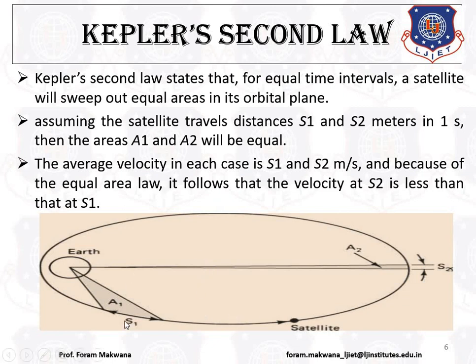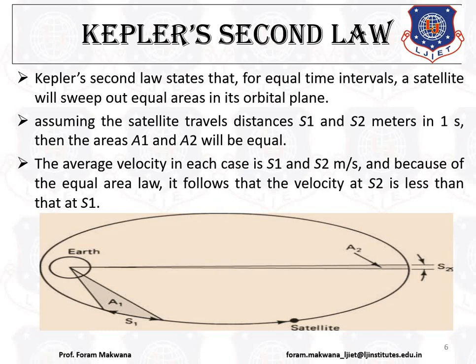So for equal time interval, for over here 1 second and 1 second, a satellite will sweep out equal area, that is A1 is equal to A2 because of equal area law. So it follows that velocity at S2 is less than velocity at S1 because this point is farthest from the Earth and this point is nearer to the Earth.